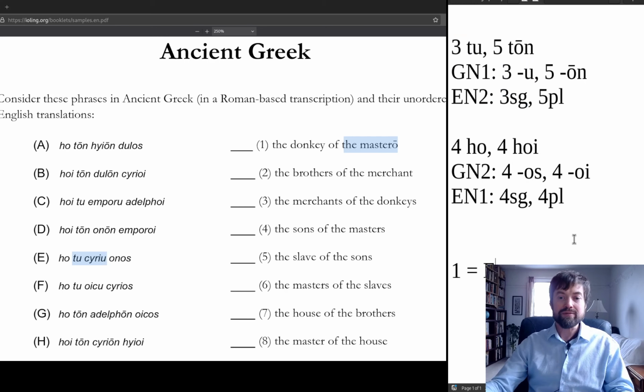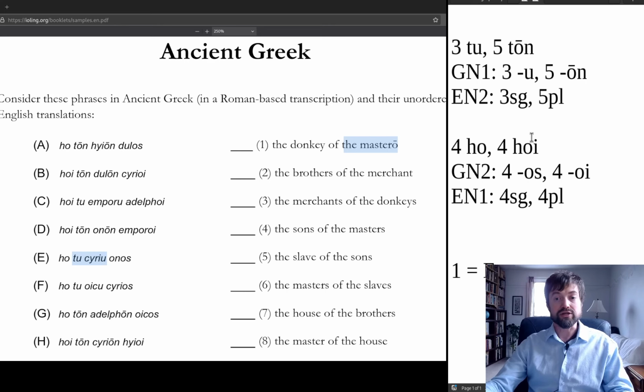And so if 1 is E, then because we know master is kurio, we know it's singular, because the u ending and the 2 line up with singular. So now we know that this other word is donkey, onos. And that gives us the word donkey, which we can then plug into other sentences.